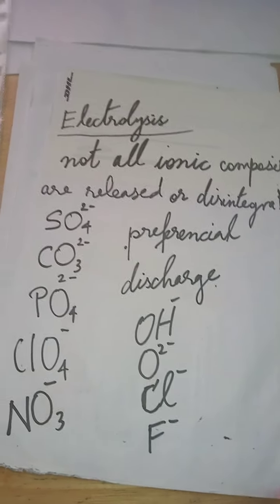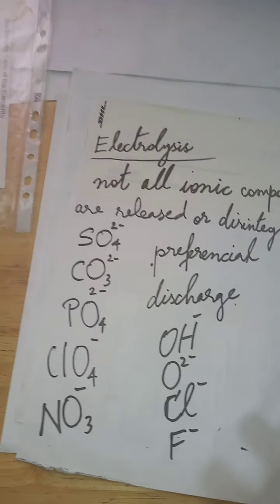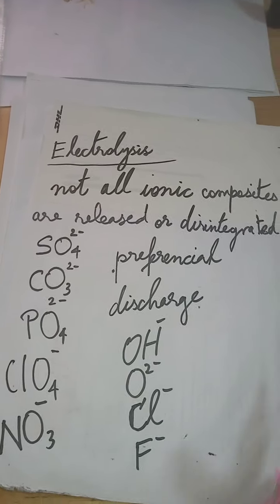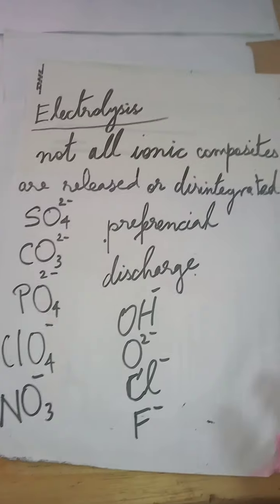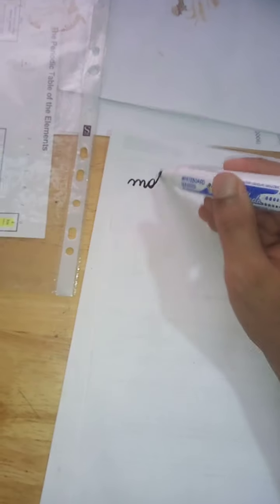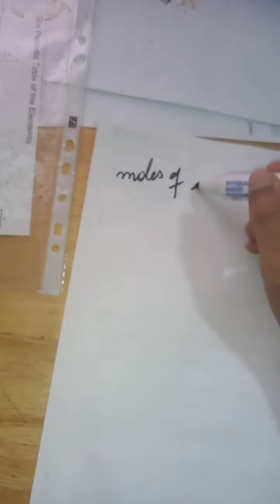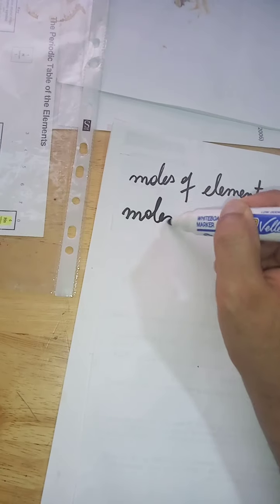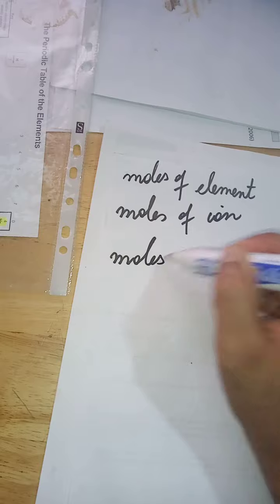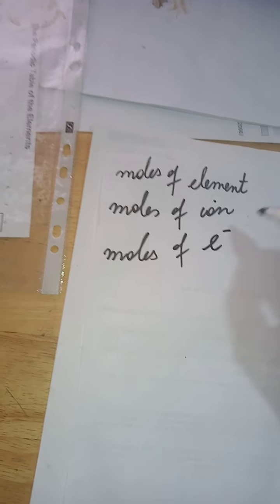So we have to realize and appreciate that not every ionic, anionic, cationic complex will disintegrate and discharge. Some of them won't. Now we've established the relationship of moles of element, moles of ion, moles of electrons in the sense of an equation.